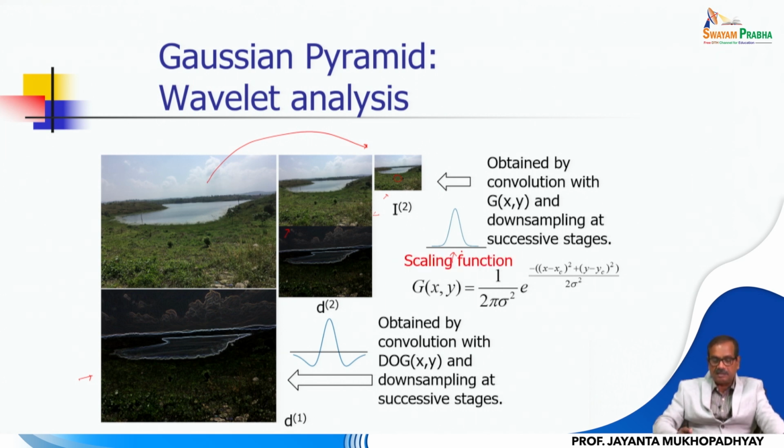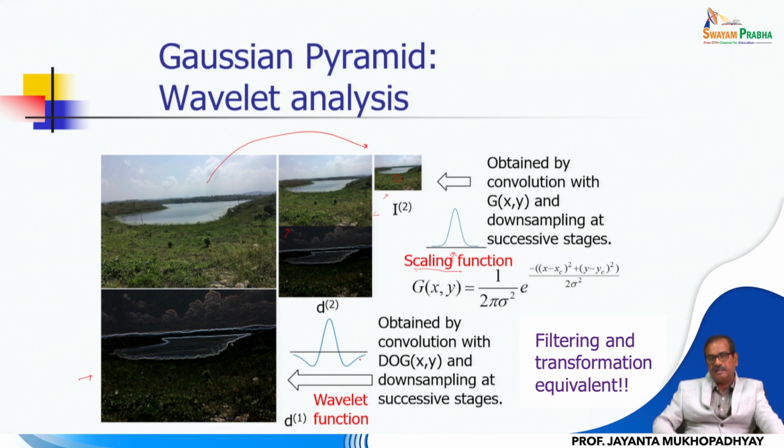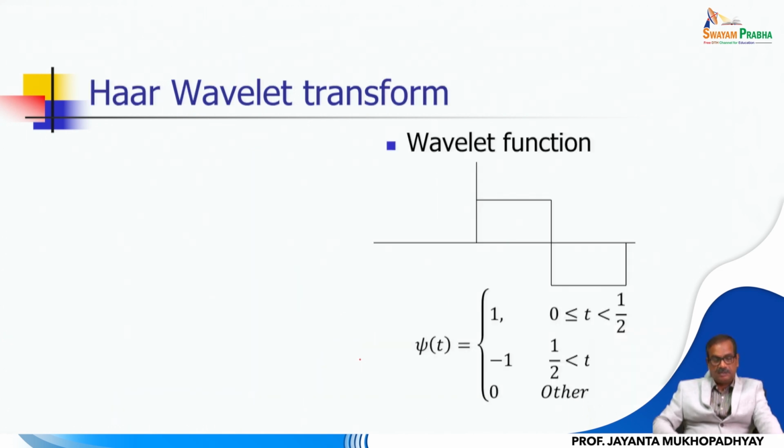This function is called the scaling function, and this function is called the wavelet function, which captures the variations. This is also translating and dilating. So filtering and transformation is equivalent, as you know.